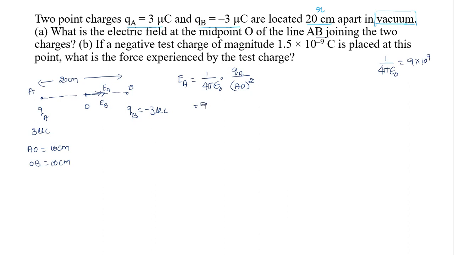So 9 into 10 power 9 into QA, 3 into 10 power minus 6, divided by 10 into 10 power minus 2 whole square. Why 10 power minus 2? Because of conversion from centimeter to meter.